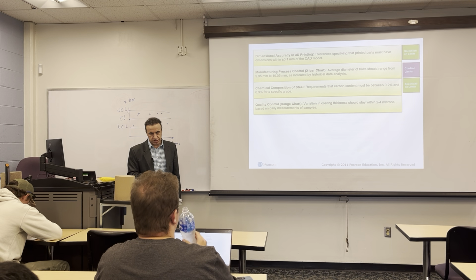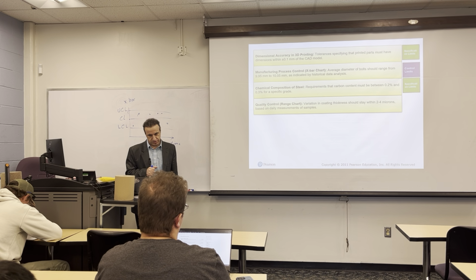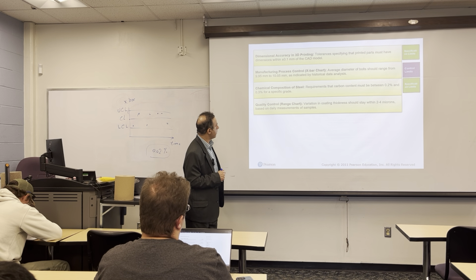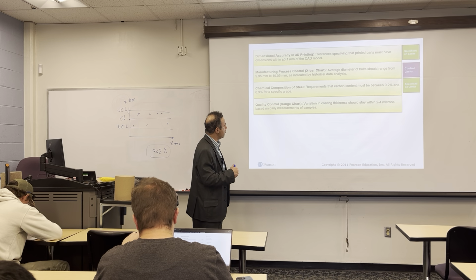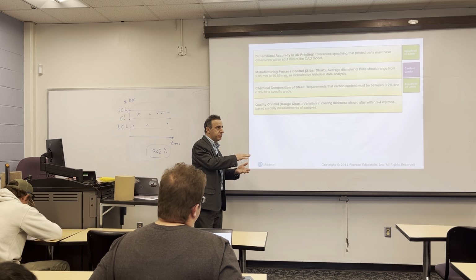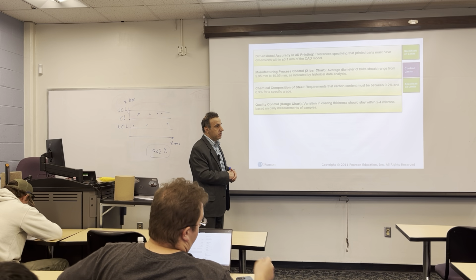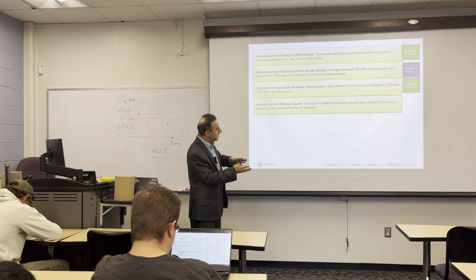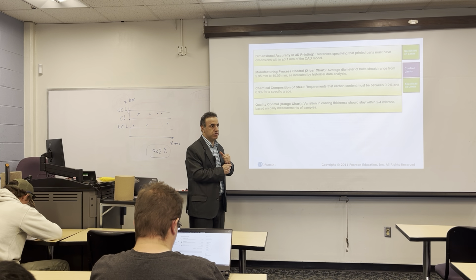How about this one? The quality control, it says variation in coating thickness should stay within 2 and 4 microns based on the daily measurement of the sample. They measure sample every day, and they say those samples have to be in this range.